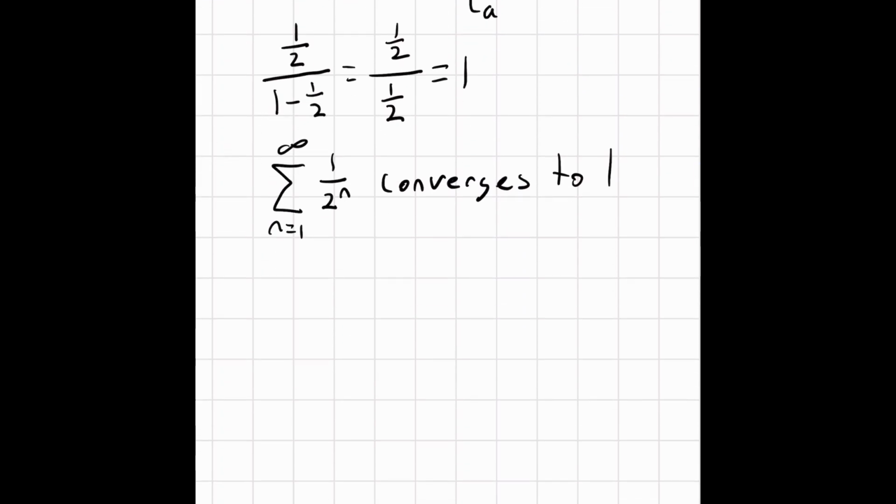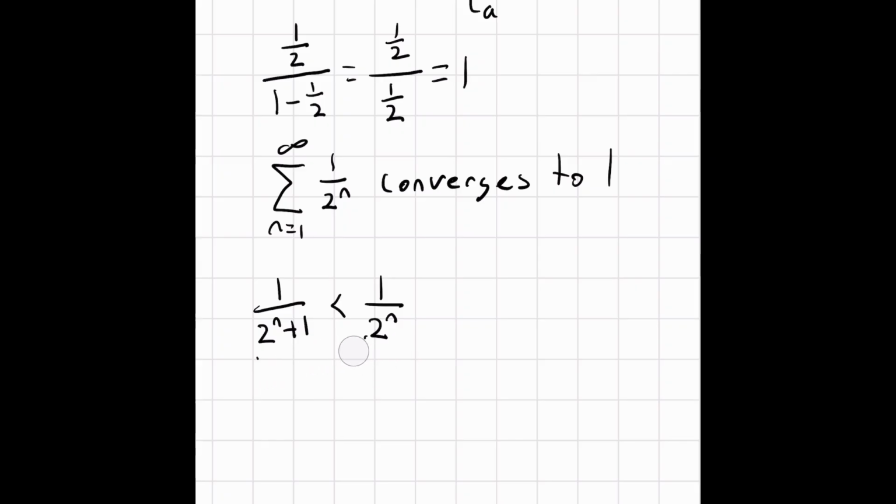Well, compare this 1 over 2 to the n plus 1 with 1 over 2 to the n. Because this denominator is larger than this one, dividing by something larger will result in something smaller.